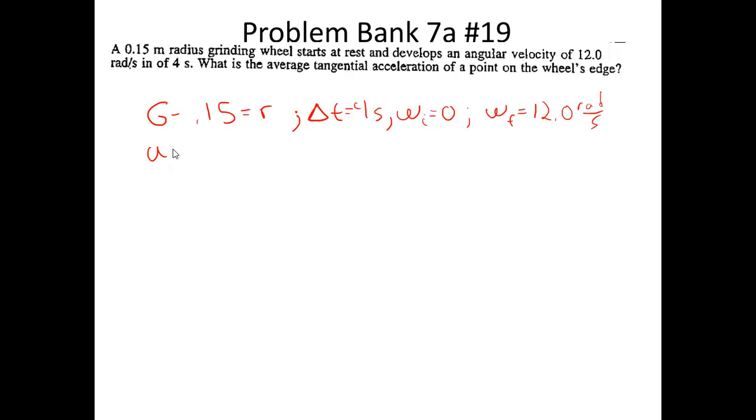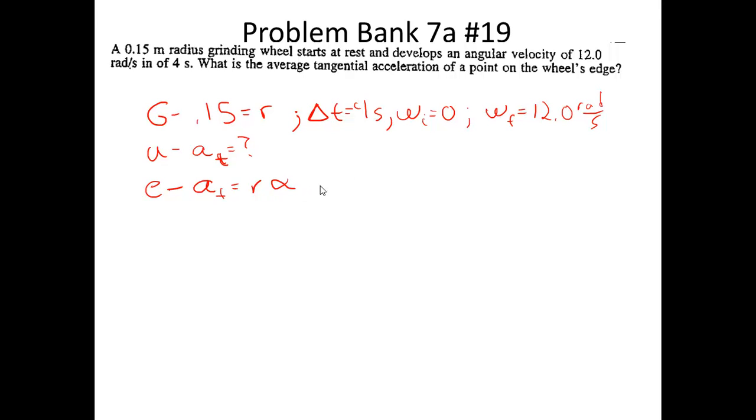So our unknown is a sub t. I apologize for my T's, they look like F's. Our equation is going to be a sub t is equal to our radius times alpha.